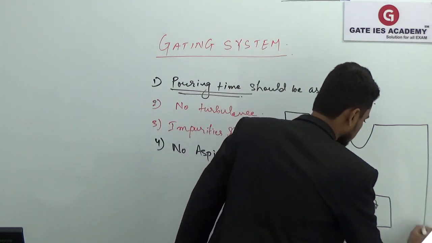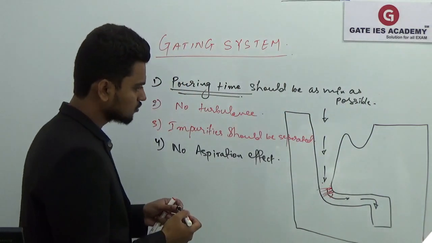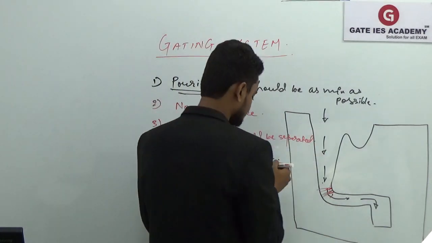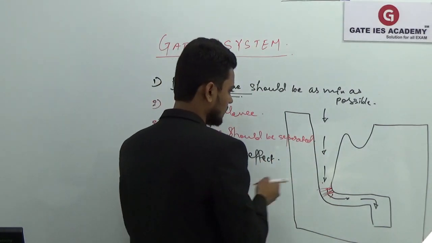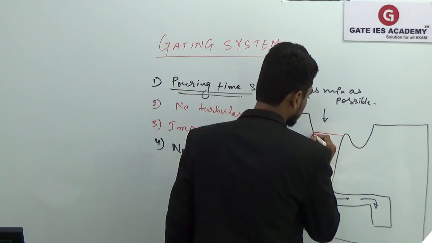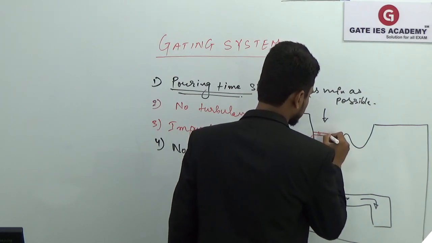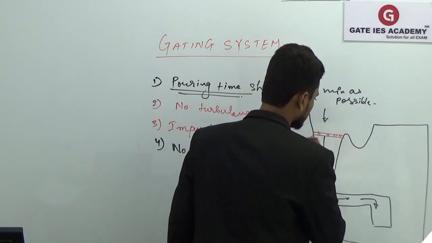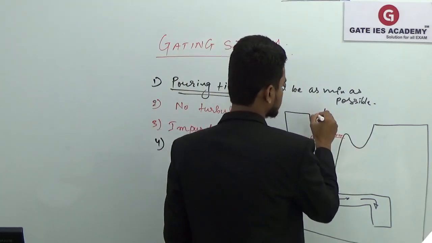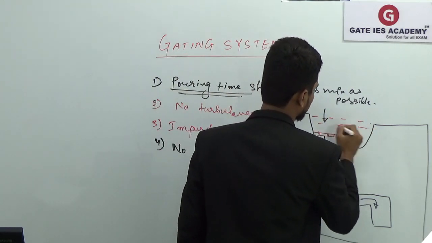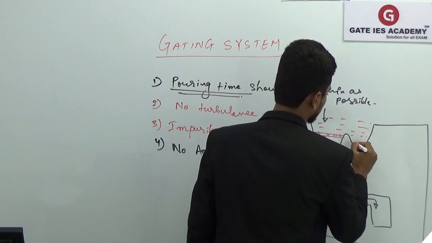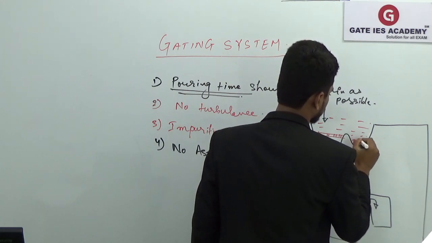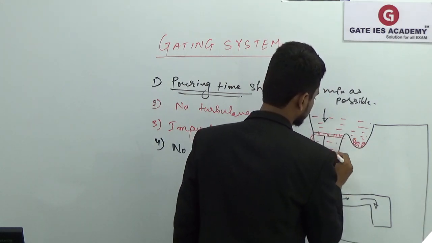Now this is your gating system. We'll discuss the different elements that we have. We have this. So basically, say it is filled with the molten metal here. So here we have.